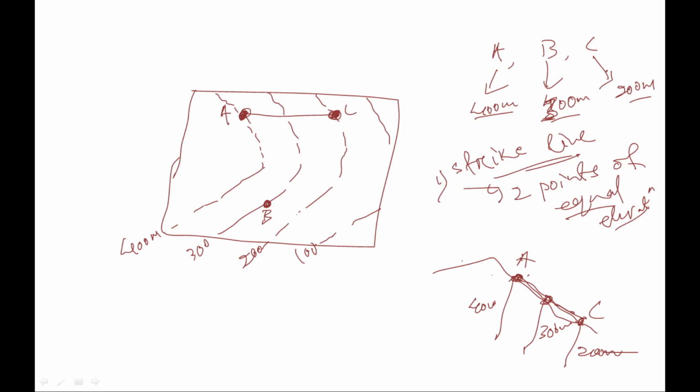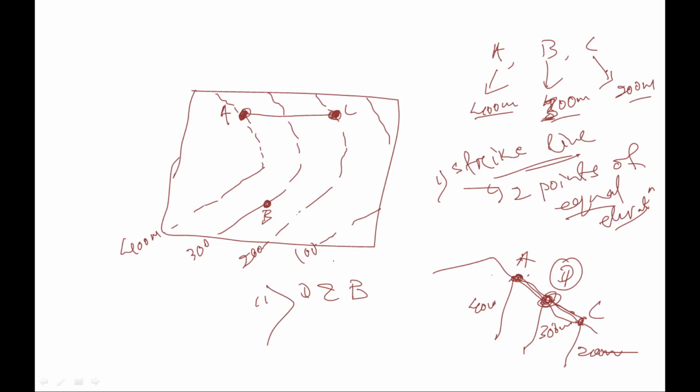If you get this point, let's say D, then D has 300-meter elevation. You will find D between AC, then you can join D and B. Join D and B to get a strike line.